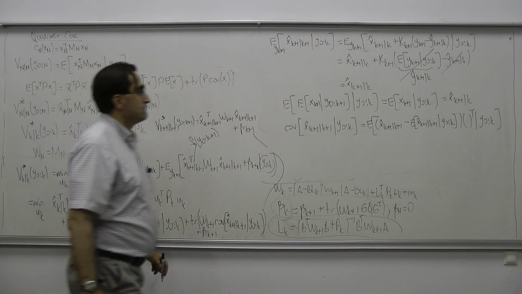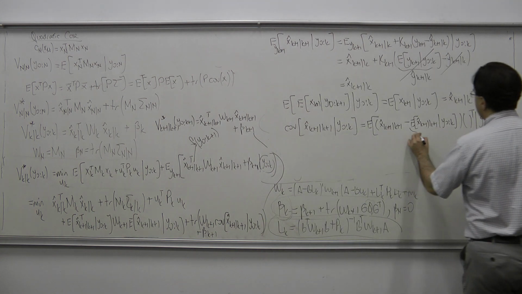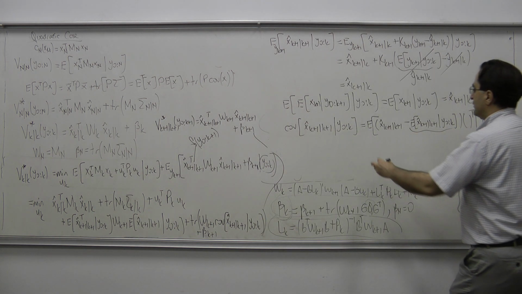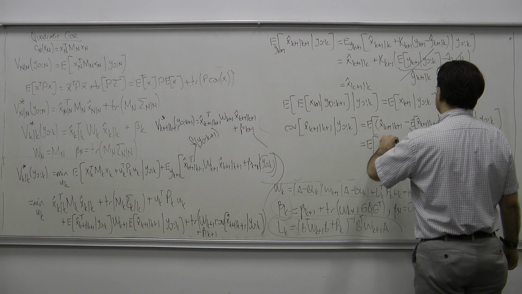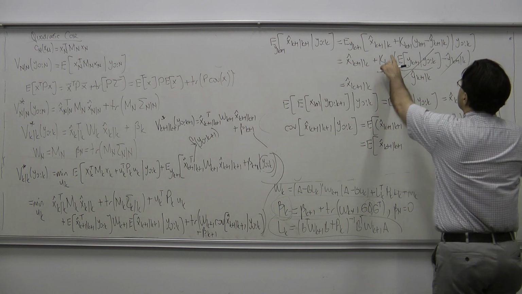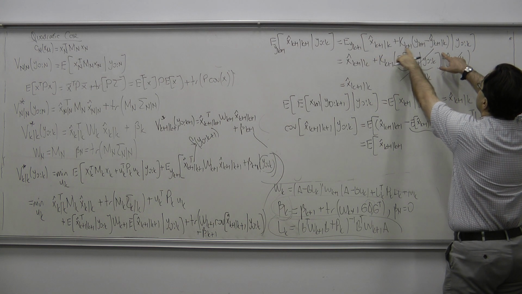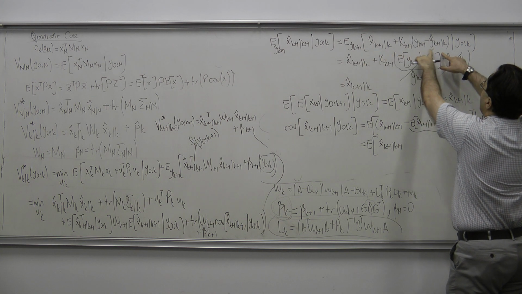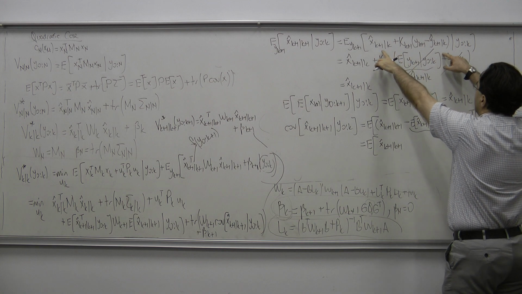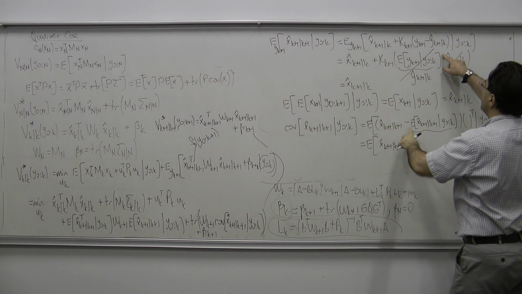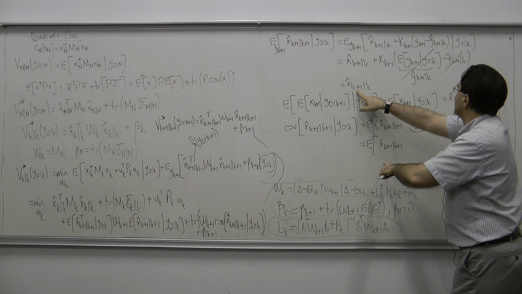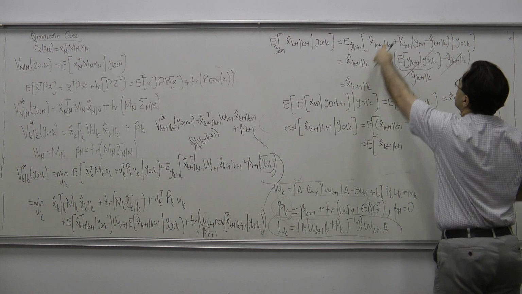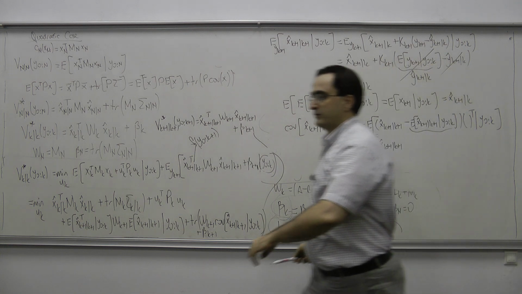But this thing I have already calculated, so that is going to be the expected value of x at k+1 given k+1. X at k+1 given k+1 is this thing. And then what I'm going to do is subtract from this one this expectation. But this subtraction is going to cancel these predicted estimates.